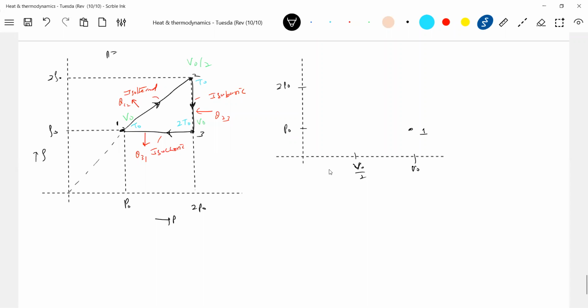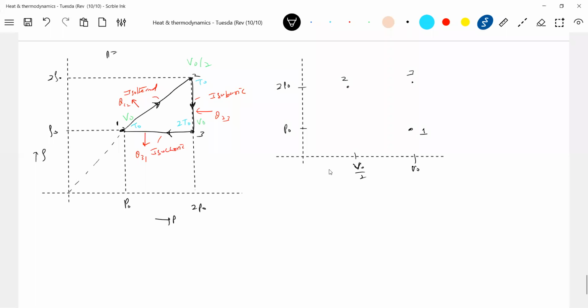Point 2, 2 P naught, V naught by 2. Point 3, 2 P naught and V naught. Okay, this is here, point 3. What is 1, 2? 1, 2 is an isothermal process.